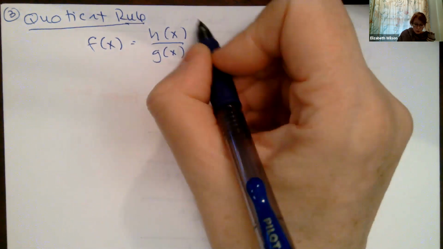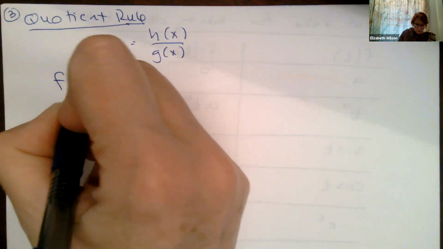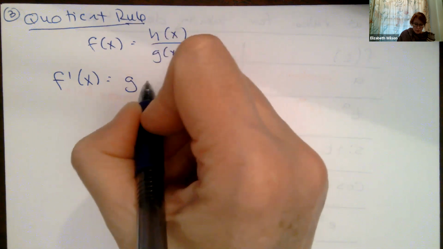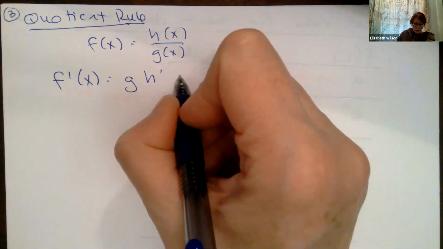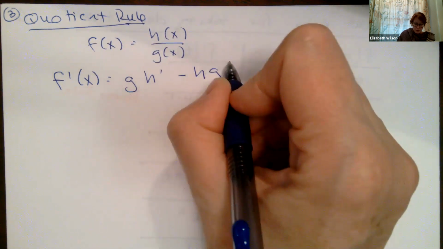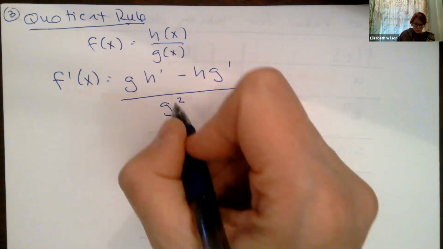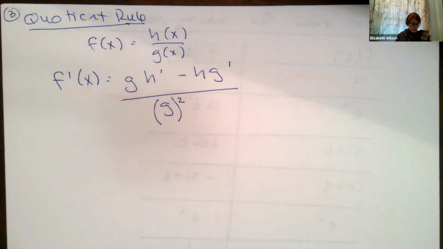Okay, so our quotient rule says our derivative is going to look like this. I go the bottom times the derivative of the top minus the top times the derivative of the bottom, all over the bottom squared. Okay, so let me write that down in words.